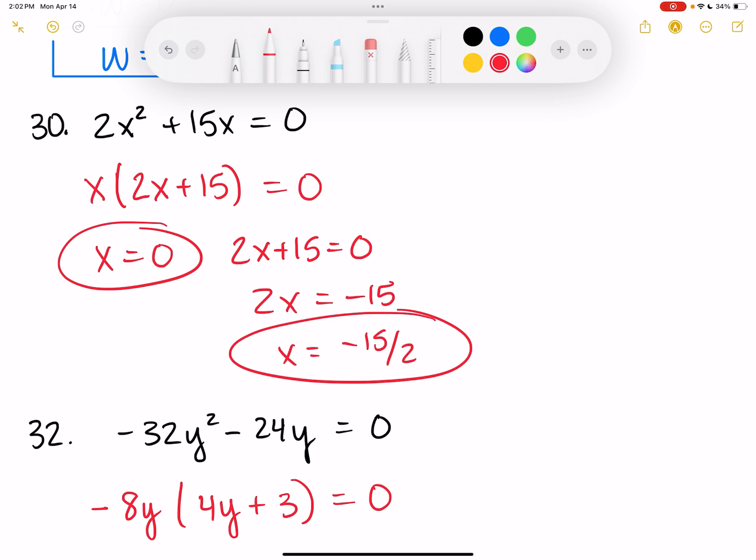Oh, I just hit the wrong button. Okay, well, I can't move it.